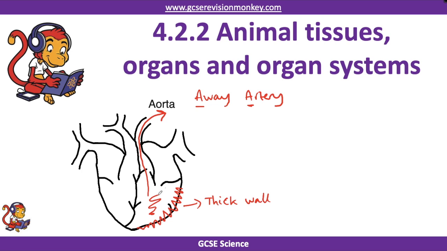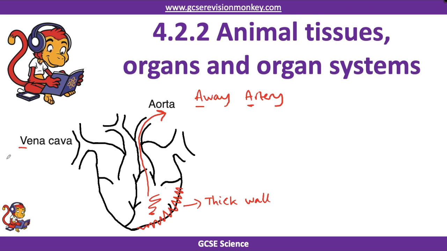And when the blood goes around the body, oxygen will diffuse out of the blood into other cells so that they can use it for respiration, and the blood will return back to the heart as deoxygenated blood through the Vena Cava.